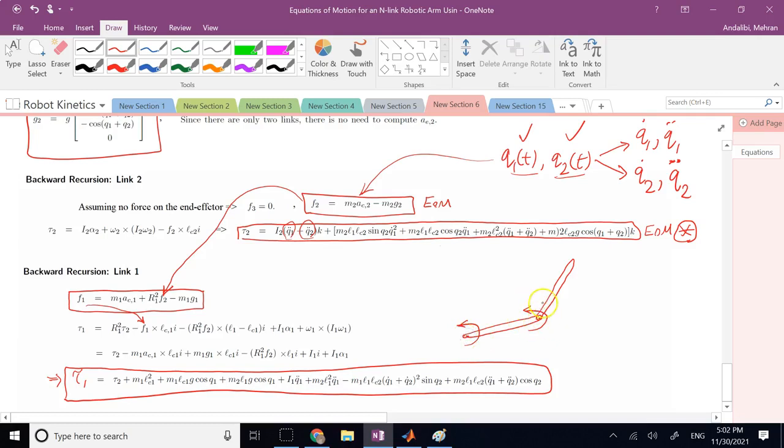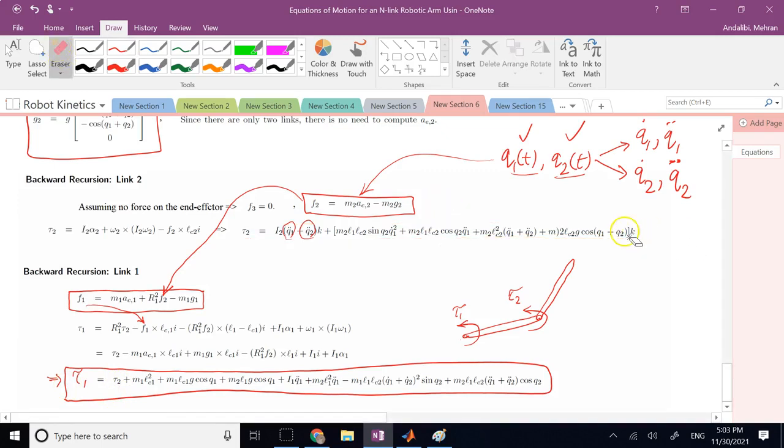Because this tau 2 is measured with respect to a frame that itself is driven by tau 1. So it is kind of normal that the real effective tau for the motion of that joint alone is kind of like tau 1 minus tau 2, which you can take this tau 2 to the other side.